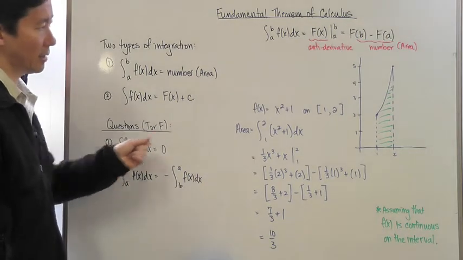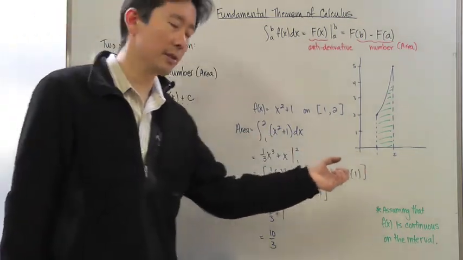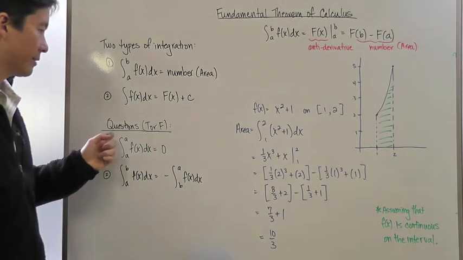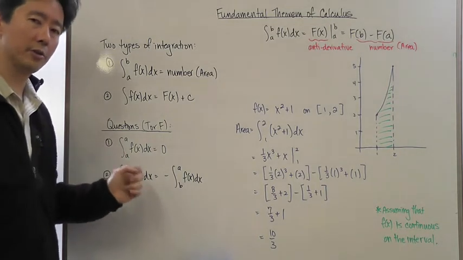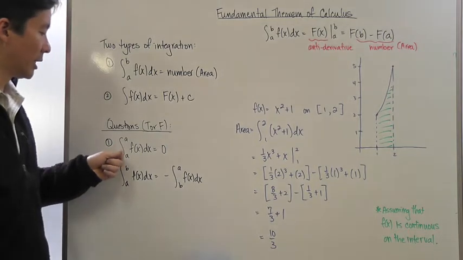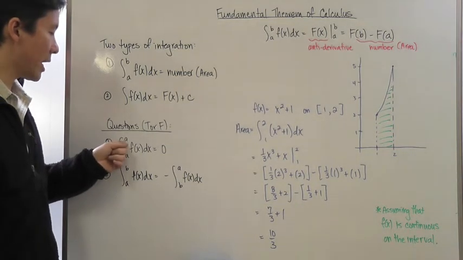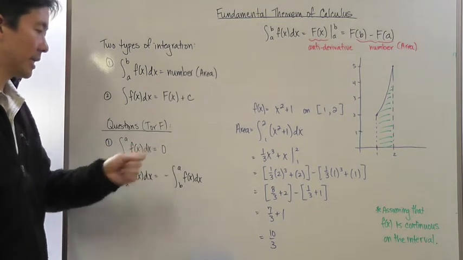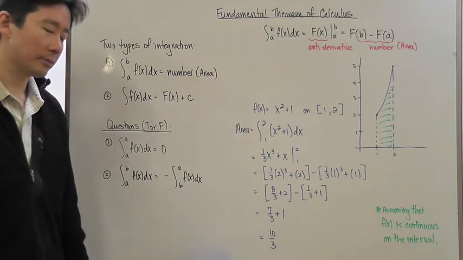Okay, lastly, and again, we'll take a look at some more examples in class, here's a couple of questions for you, true or false and why. If I take the definite integral from a to a of f of x dx, is that equal to 0?